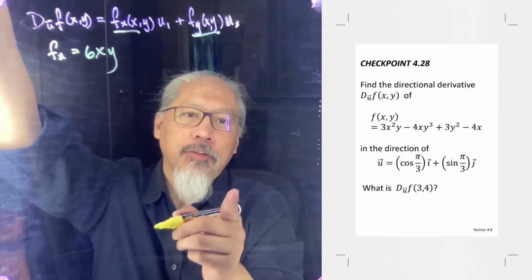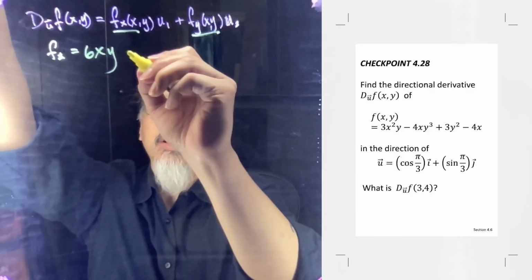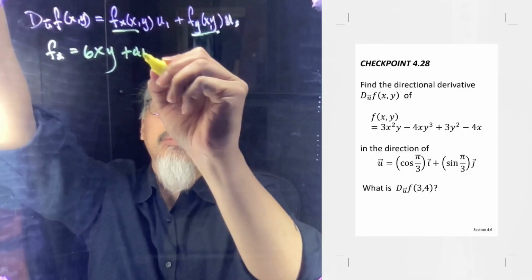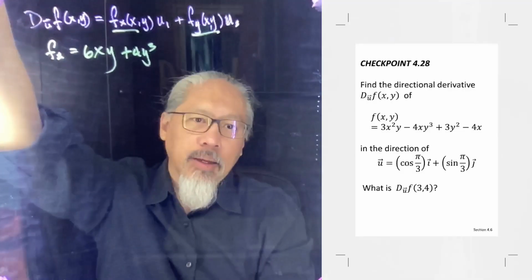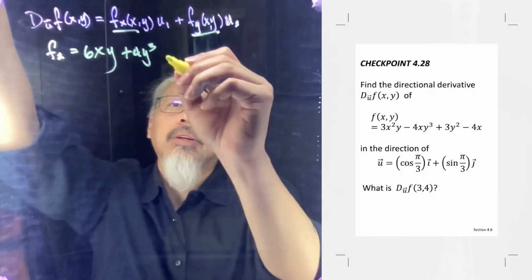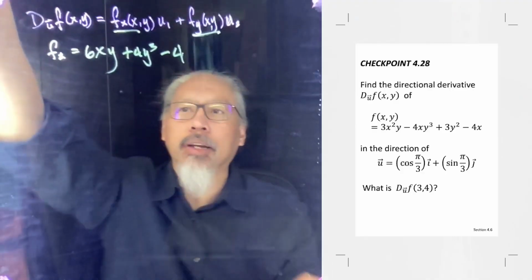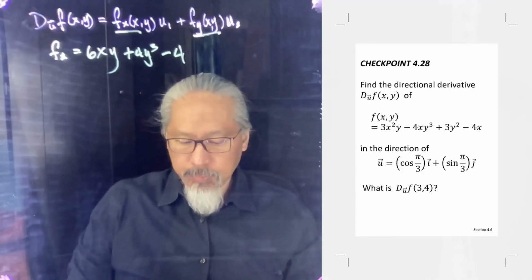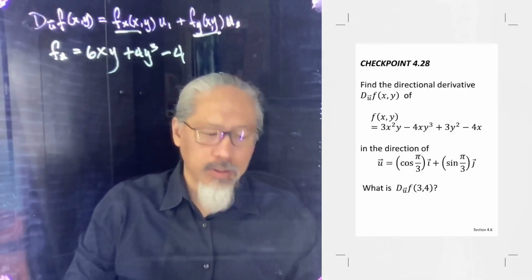The next term would be 4y cubed because x is the variable. Then the next term would be 0, and the last term would be negative 4. That's our first one.